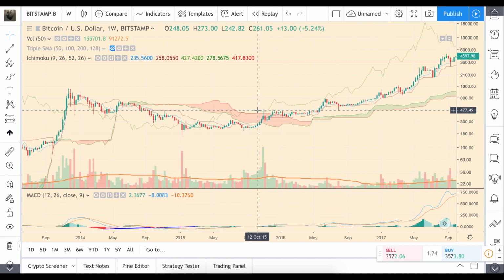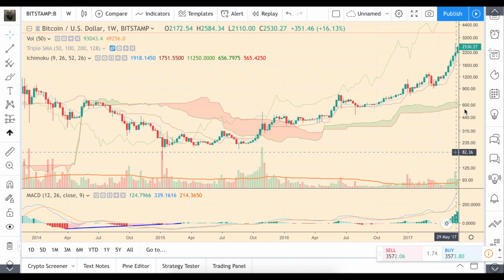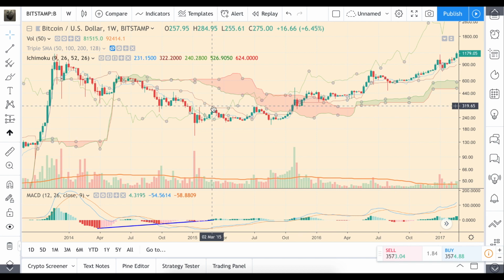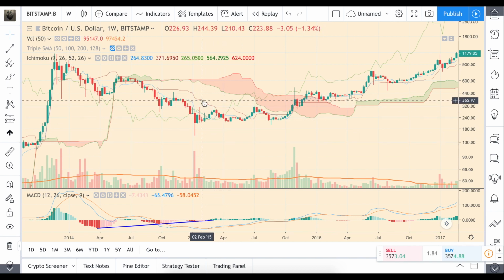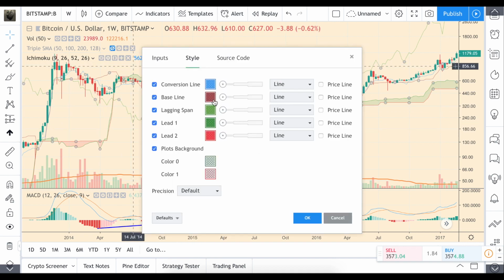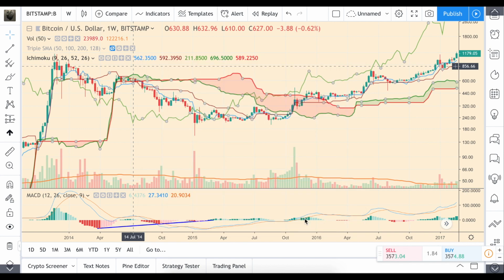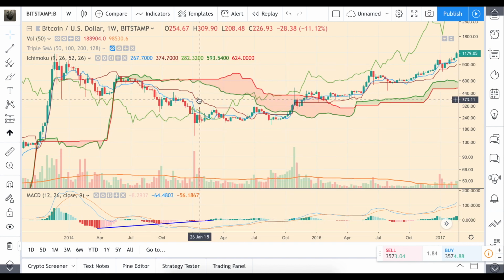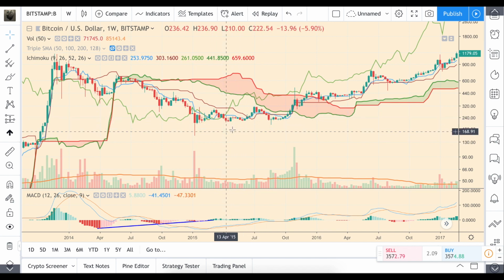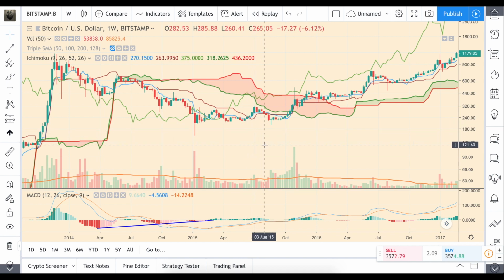Finally, you have those few moving averages: the purple one, the deep red one, and the green one. Actually, it's better to make them a little bit different so you can see it better. Okay, so this red one and this blue one are the averages for short and medium term price action.